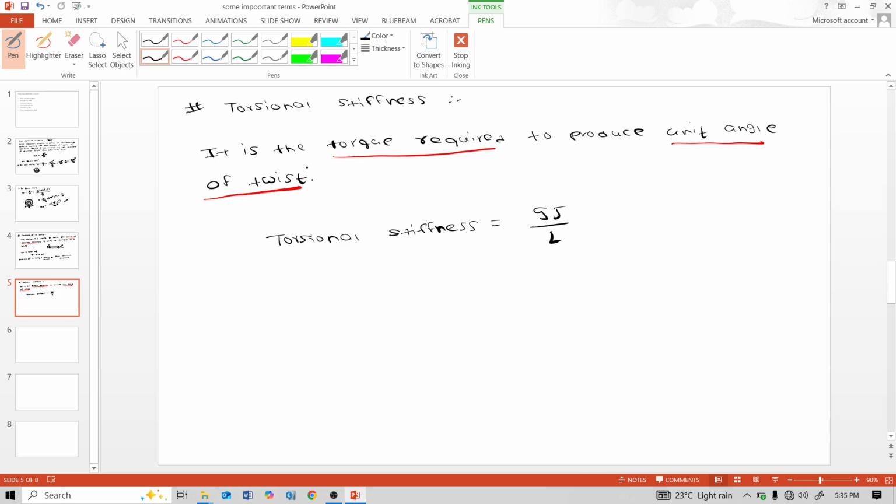Torsional stiffness is equal to capital G into capital J upon L. This capital G is modulus of rigidity or shear modulus, J is polar moment of inertia, L is length of a shaft. And SI unit is Newton meter per radian.